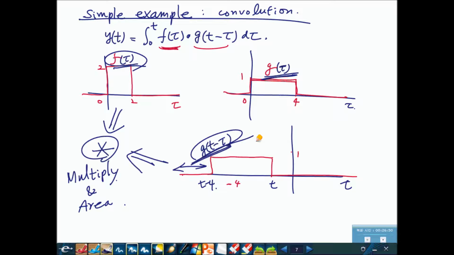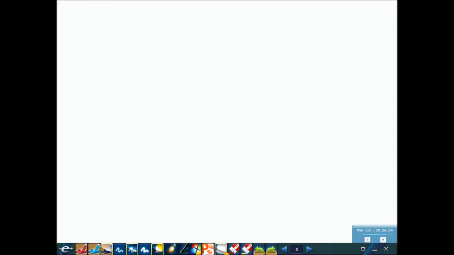So the multiplication is really this happening. Right? This is tau. Okay? We have this 2. Okay? This is f of tau. It is fixed. I mean, f of tau stays there all the time, right? Because there's no t inside. So it's fixed.